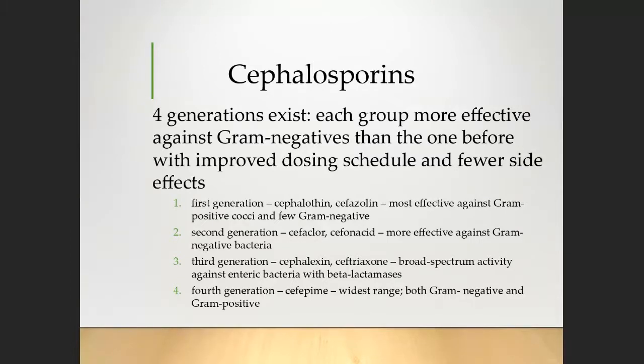Then in the lab, they create other generations, like second, third, and fourth generation. This new generation is usually more broad spectrum, so it has the widest range of use for different types of infection.